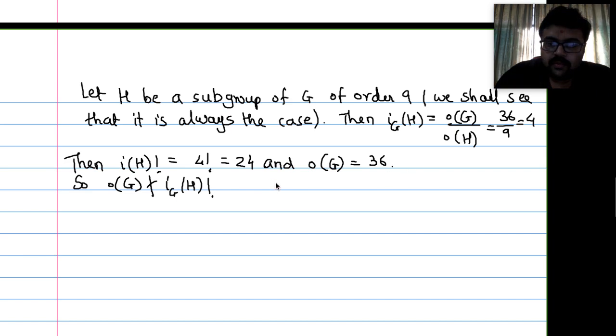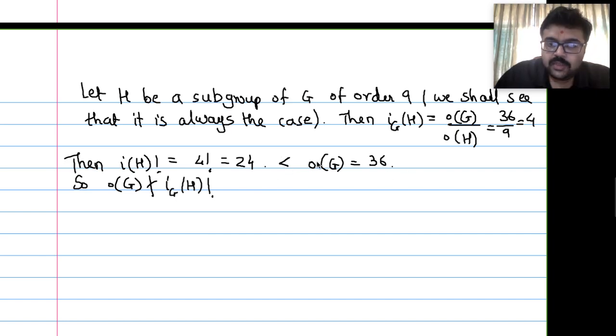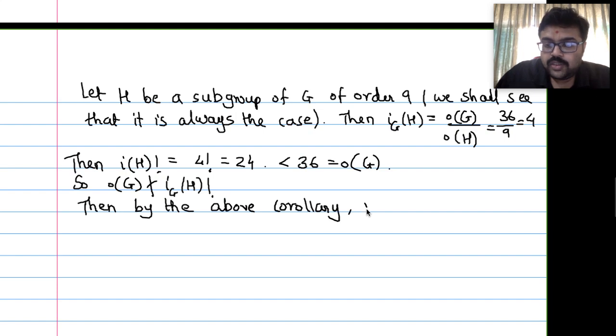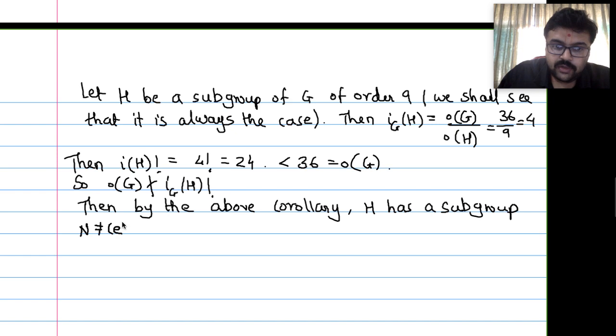So 24 is less than 36, which is the order of G. So the order of G does not divide the index of H factorial. That means, by the above corollary, H has a subgroup N, which is non-trivial, such that N is normal in G.